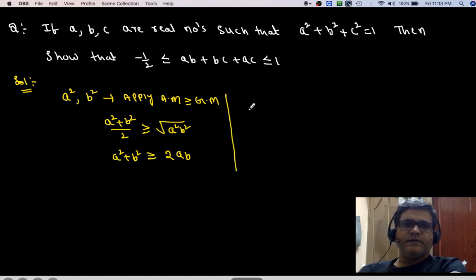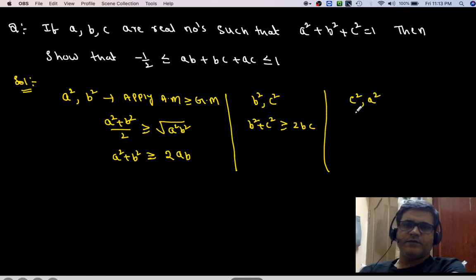Similarly, apply AM is greater than or equal to GM for b square, c square. Then directly we can write b square plus c square is greater than or equal to 2bc. Similarly, apply for c square, a square.